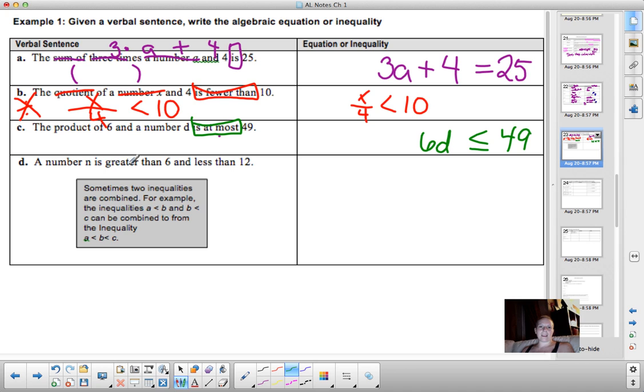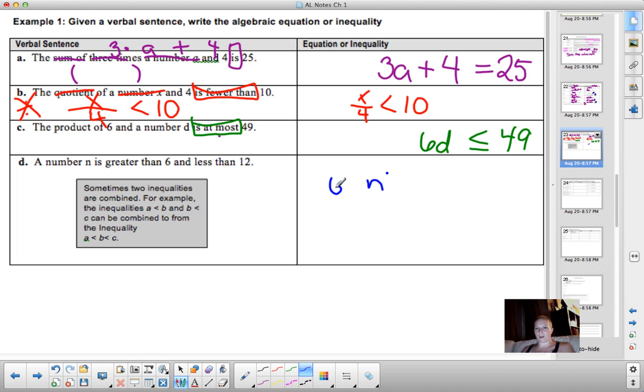A number n is greater than 6 and less than 12. A number n is greater than 6. Well, we would want to make sure that when we read this, it would be smallest to greatest.